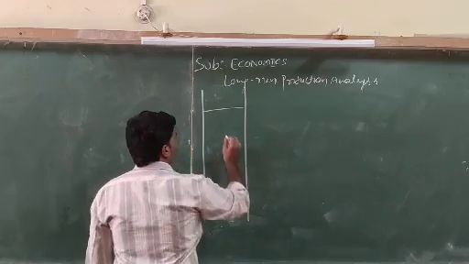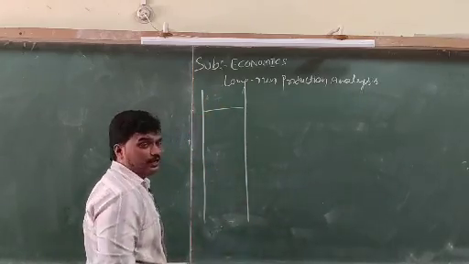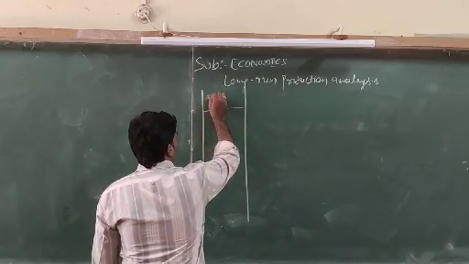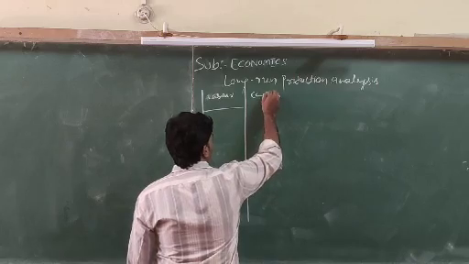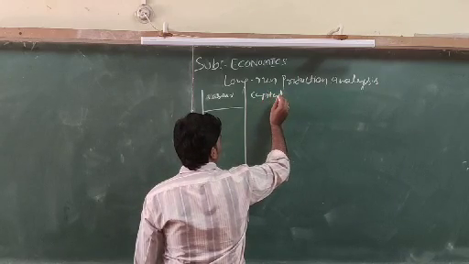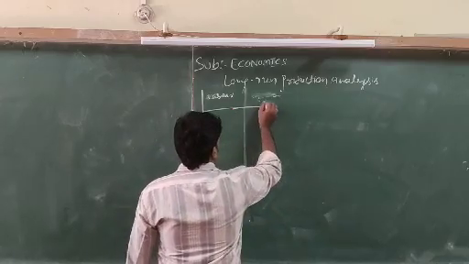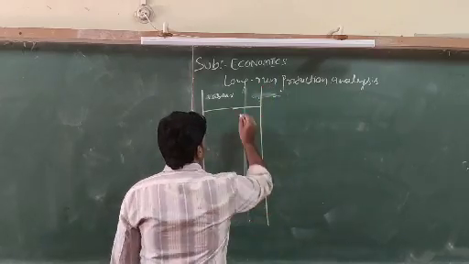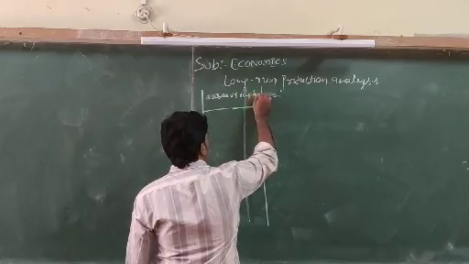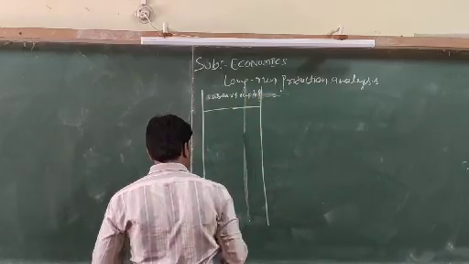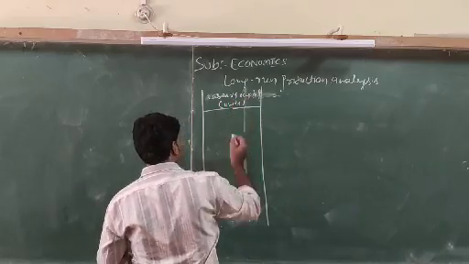Assume that there are two factors, labor and capital. You can write them in the same column, labor and capital, measured in units.